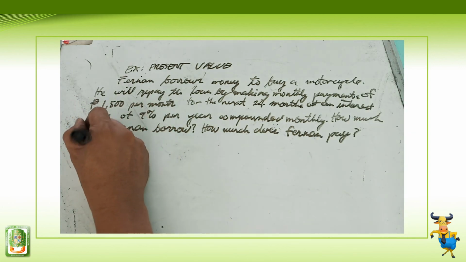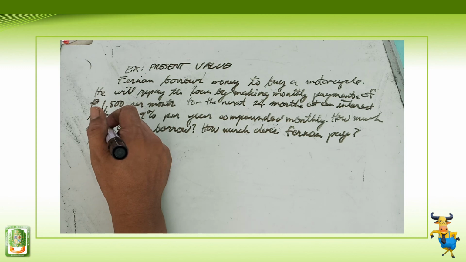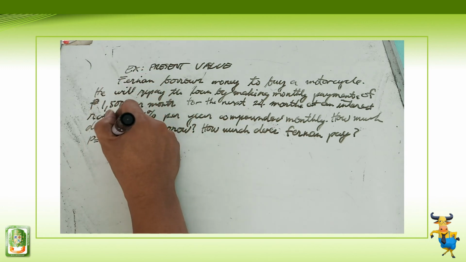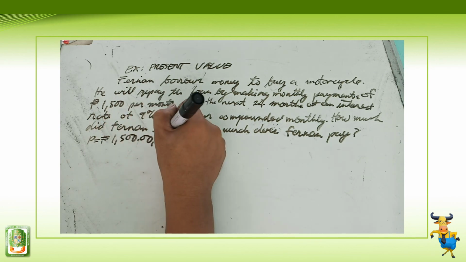So first, we are going to find the periodic payment, which is 1,500 pesos.